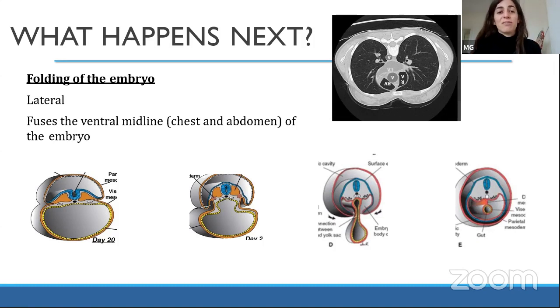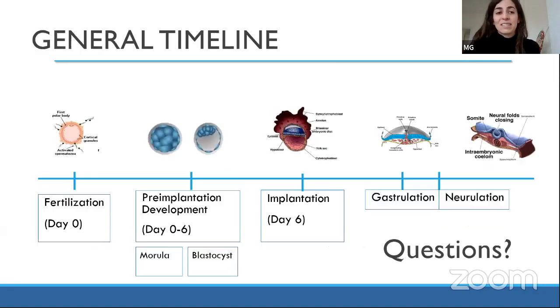And hopefully you can have another lecture for the rest of the embryo development after 3 to 4 weeks, what happens next. So just a little reminder of the general timeline that we talked about: fertilization, pre-implantation development from day 0 to 6 with the morula and then the blastocyst, okay, so the blastocyst cavity.